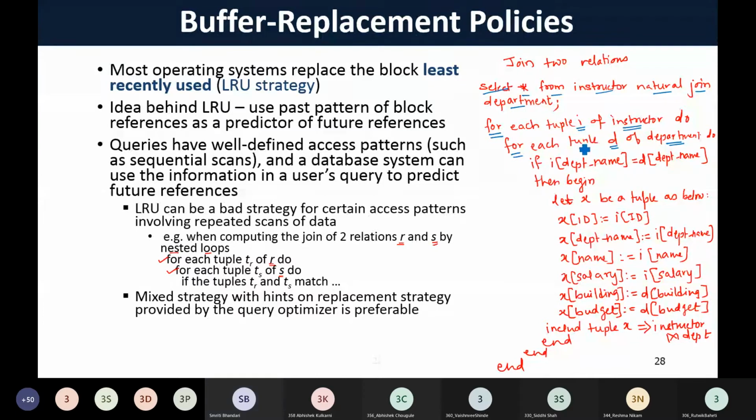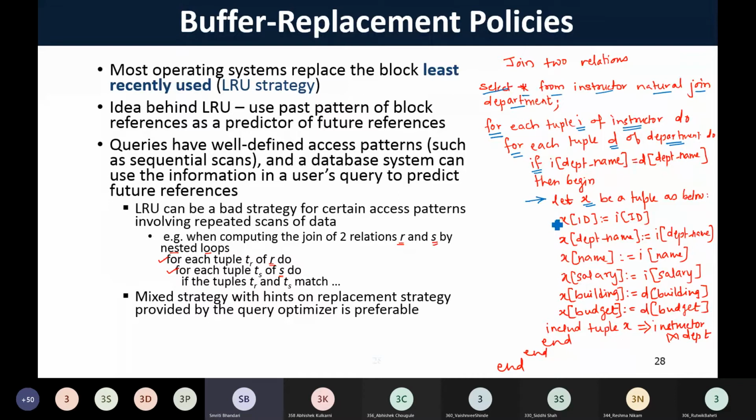Then there is one condition, if condition, that checks where the department name is same. And if the department name is same, then we need to join these two tuples. And we need to come up with a new tuple X.